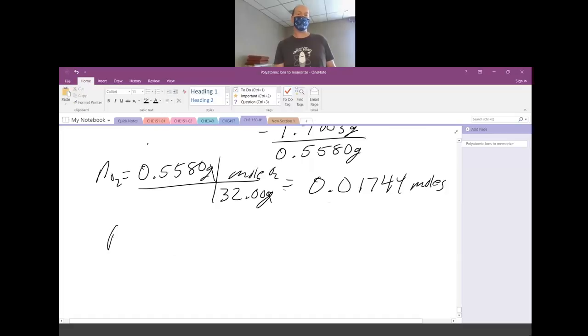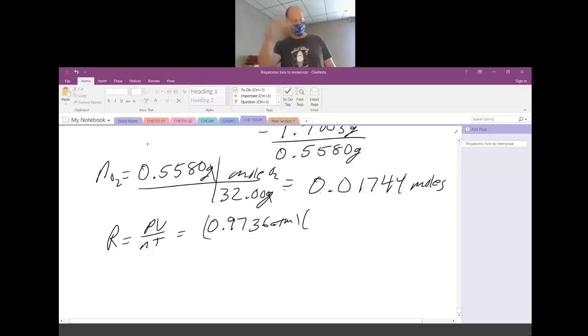All right, so now you have all of the data that you need to find R. Again, R is your PV over NT. So you plug in your numbers. The pressure that we found for oxygen was 0.9736 atm. The volume that we just found for the water, which is the volume of the oxygen that went in to kick out that volume of water, is 0.4123 liters.